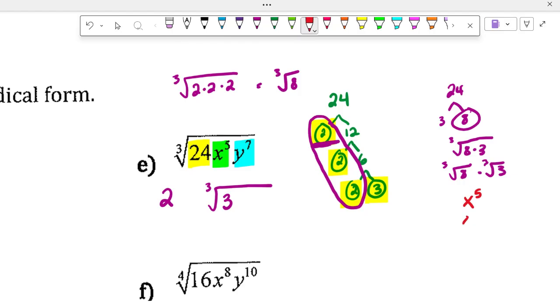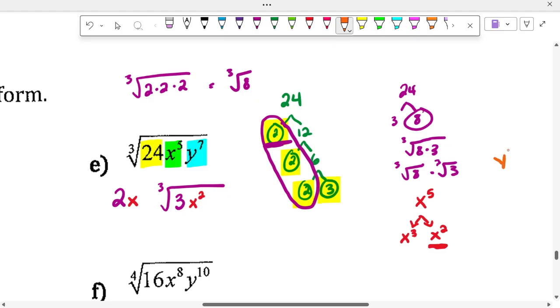X to the 3rd. So if I break it up to x to the 3rd, what do I have left over? X squared. All right. So this goes back under the radical. So this would be x squared. What's the cube root of x cubed? X. So that's what goes outside.